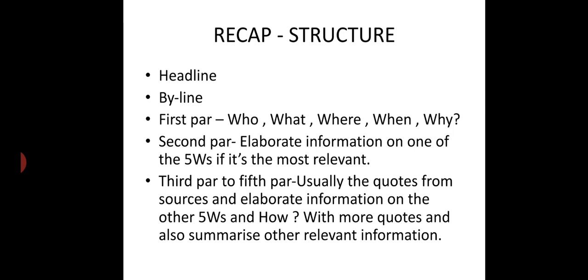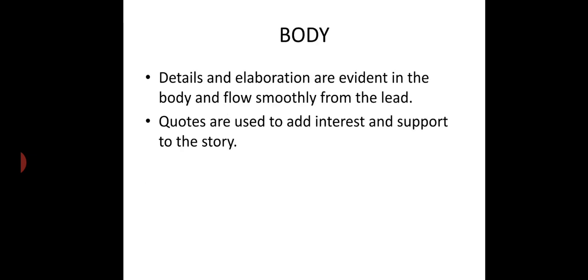Second paragraph: elaborate information on one of the 5 Ws if it's the most relevant. Third paragraph to fifth, it depends upon you, that means how many paragraphs you want to write in an introduction. Usually the quotes from sources and elaborate information on the other 5 Ws and how, with more quotes, and also summarize other relevant information.